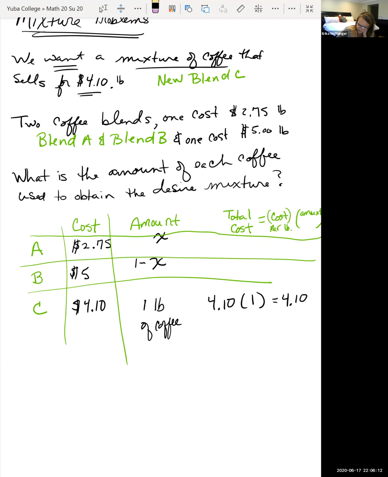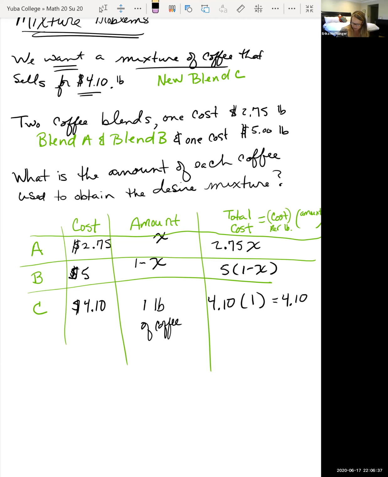So 2.75 times x is the amount it would cost to use brand A. And then I'm going to look at the amount that I'm going to use of brand B. It costs $5 times the number of pounds, which is 1 minus x.